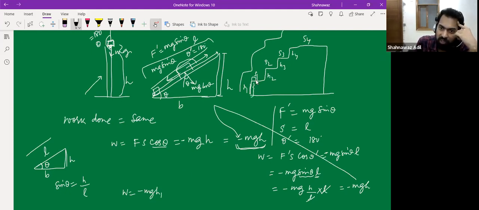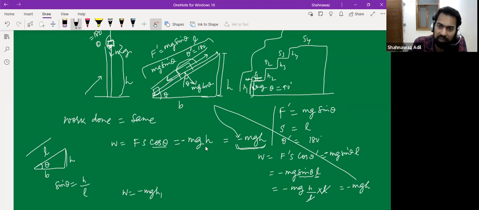And for this case, the displacement is here and the force, the weight, is here, right? So the angle is what? Between the displacement and this force. We are working against the gravitational force.